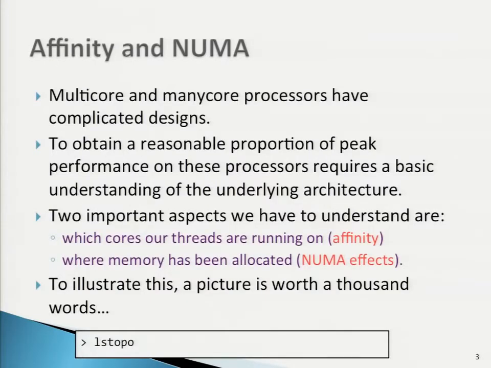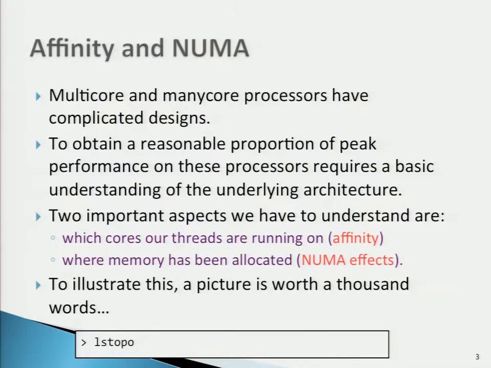So far, I'm pretty sure you've got the impression from the work we've done that these multi-core and many-core processors have really quite complicated architectures. You've got these hierarchies of cores and threads, then multiple levels of cache, then the RAM, and you've got interconnects, the connections between processors, with QPI or QuickPath Interconnect on Intel, and HyperTransport on AMD.